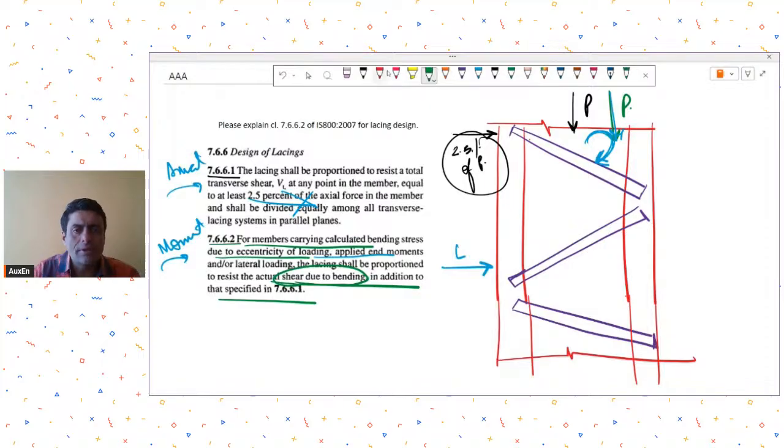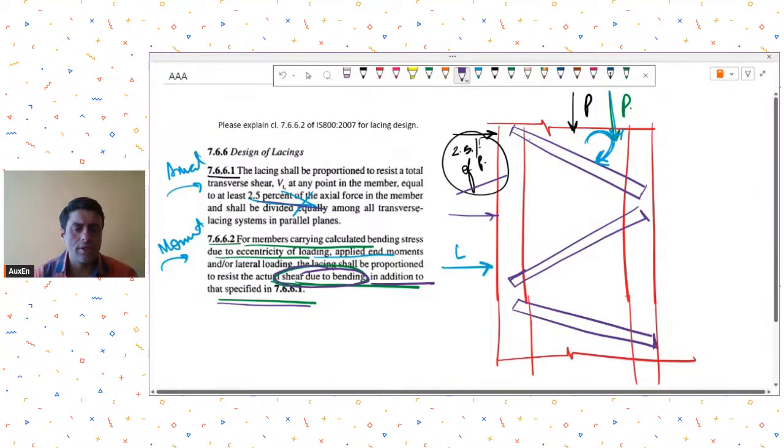But then the confusing statement is, in addition to that specified in 7.6.6.1. Maybe they are trying to say that this is 2.5% of P plus the shear due to actual bending. Most practical engineers I have seen don't do it this way. If there is some actual bending moment or lateral force, they will take that for the lacing and don't add up the 2.5% extra.